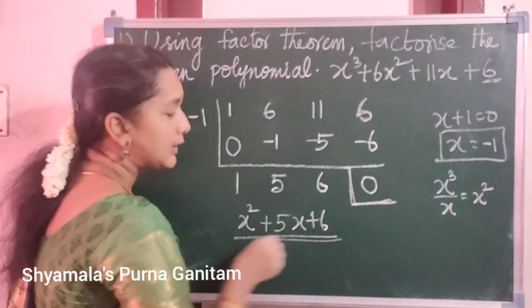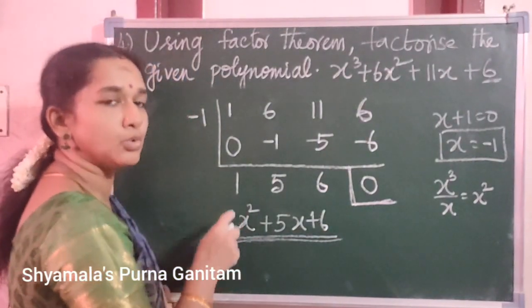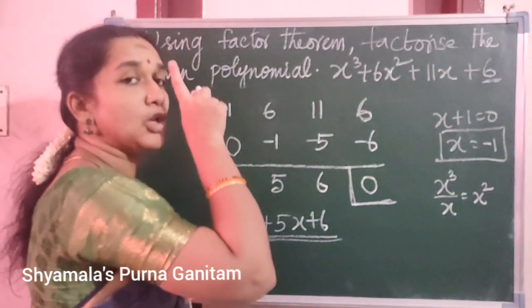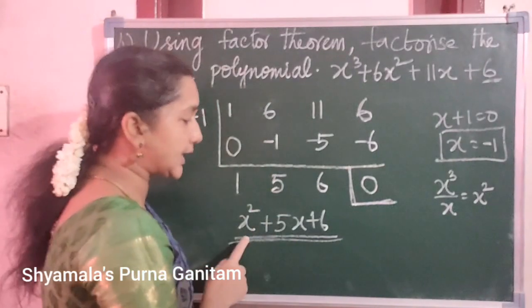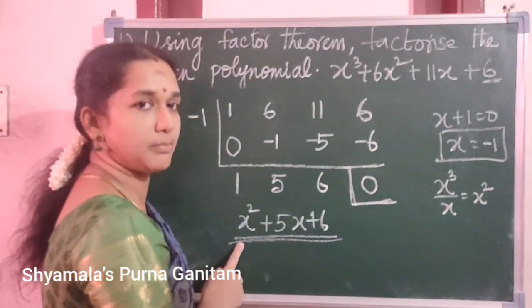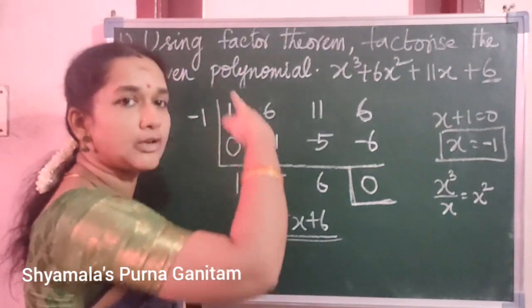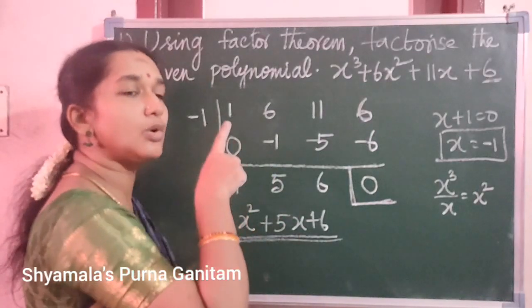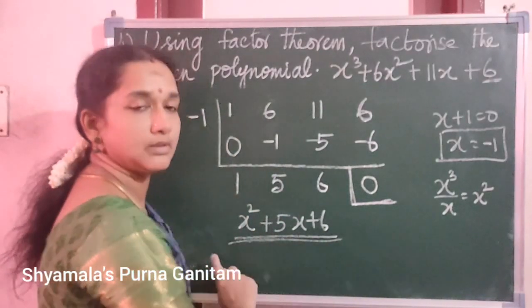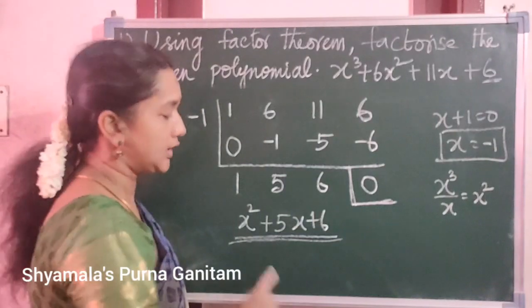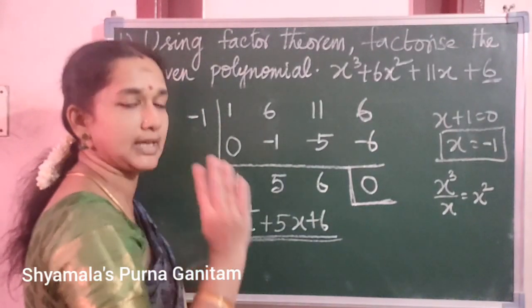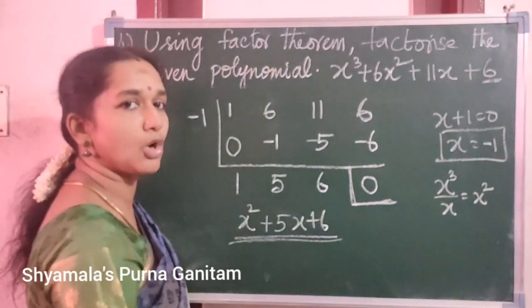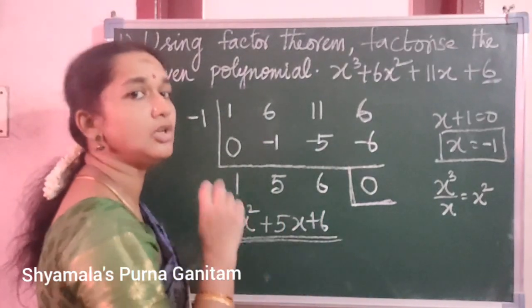This is the quadratic polynomial you got. When you divided by long division also, you got the same quadratic polynomial. Do you remember? Previously I showed you that long division method. Here also definitely you will get the same thing. So instead of doing that long division, you can do the synthetic division also.